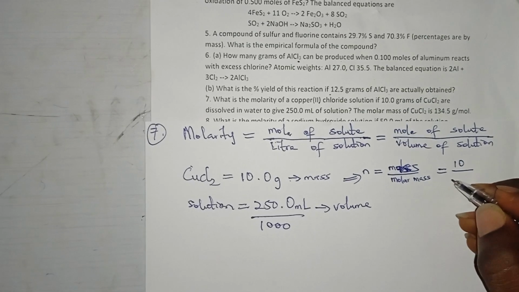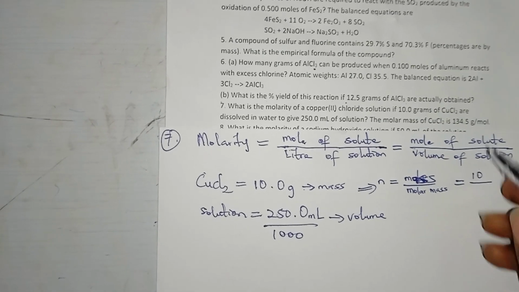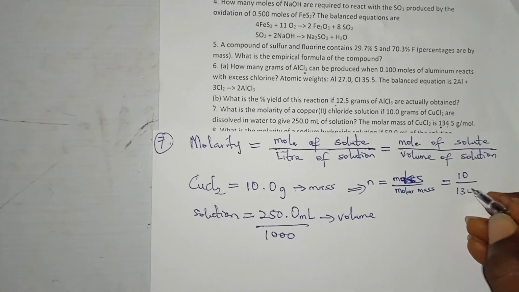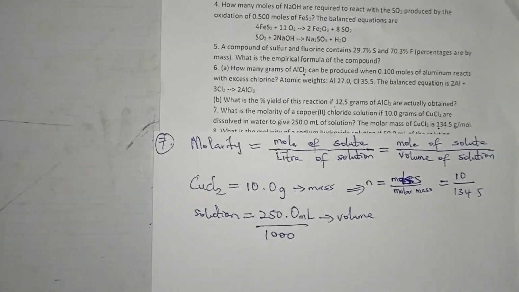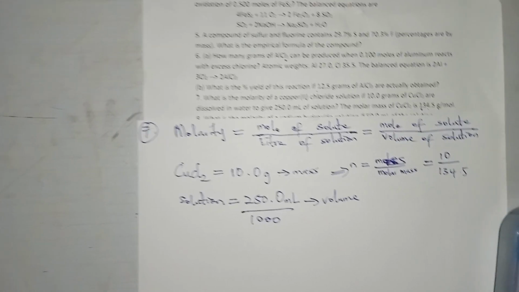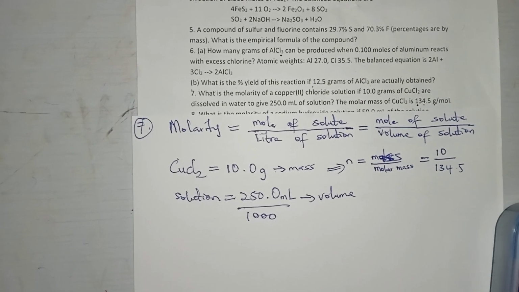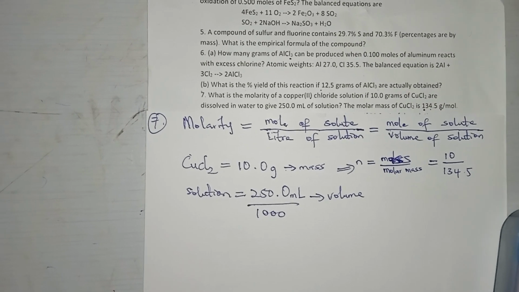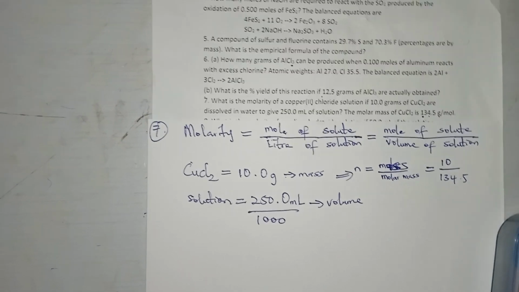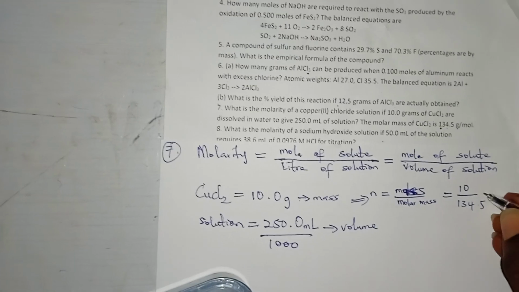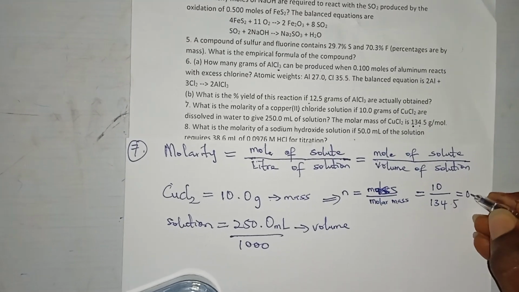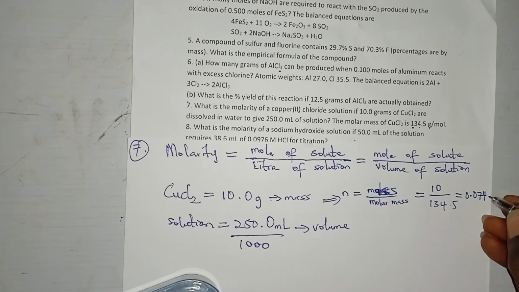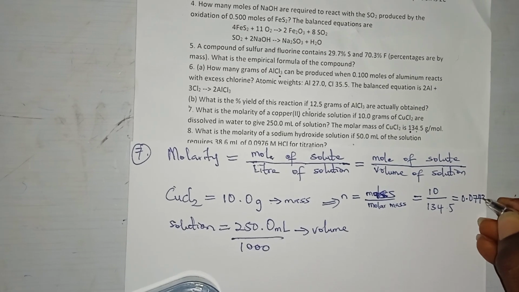Molar mass of copper chloride is given here, 134.5. So if I do that, it will be 10 divided by 134.5. So that I have this to be 0.0743.